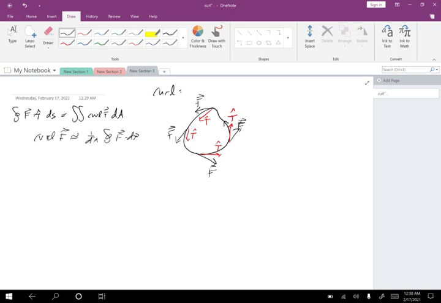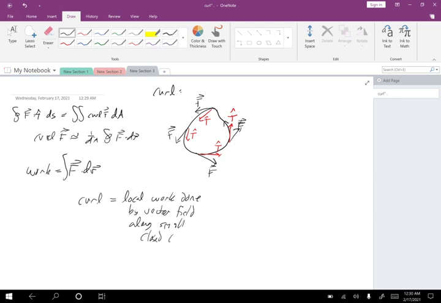So remember that work is just F dot dr. So really, the curl is the local work done by the vector field along small closed curves. Okay, and there's another interpretation of this, and you can also think of it as the local rotation rate, right?